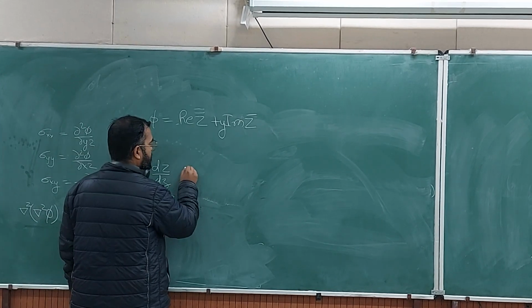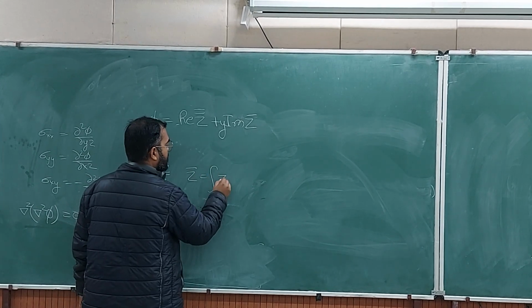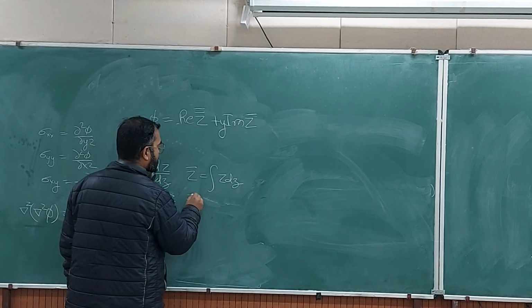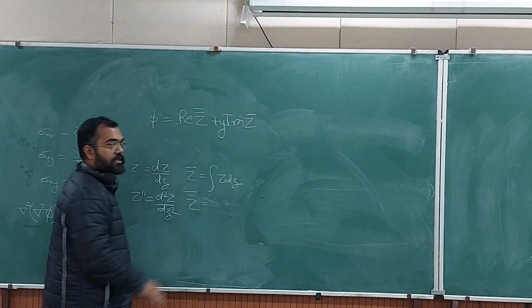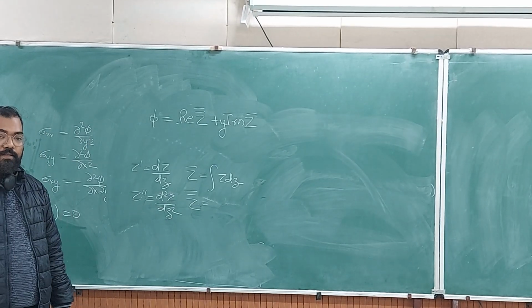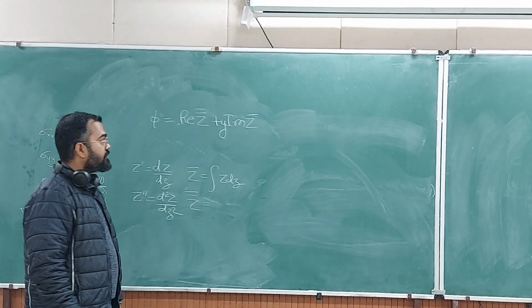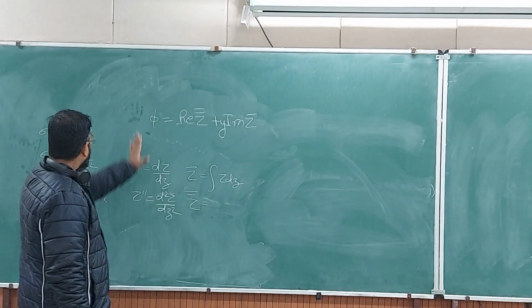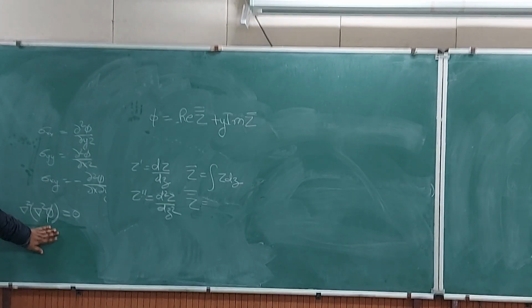Z bar is integration of z, and z double bar is double integration and so on. Okay, so these are not conjugate. Okay, so this is my function and I have to satisfy this.